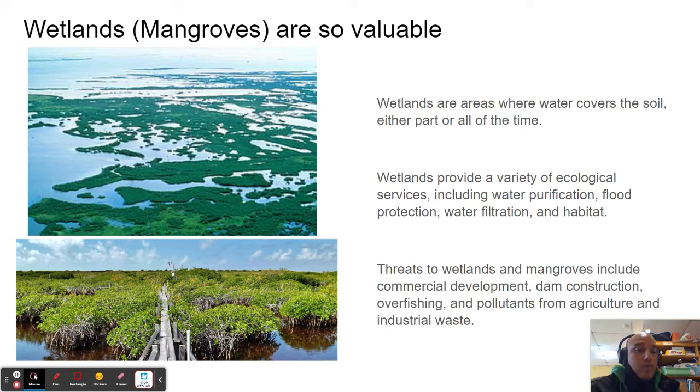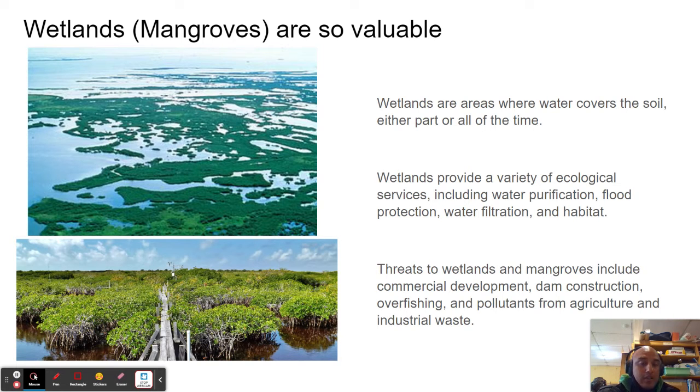What are they under attack for? They're under attack, and I'm on this third objective over here, for commercial development. Who does not want to live next to the water? And I mean, that's the dream, a nice lake house. But as we develop more and more waterfront properties, we're destroying our wetlands. Okay, so they're under attack by commercial development, dam construction, because we want to be able to control that water.